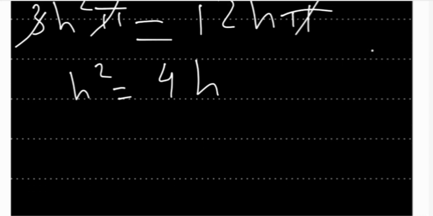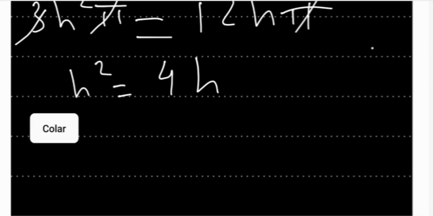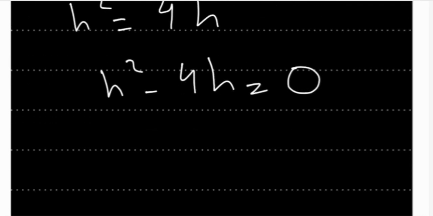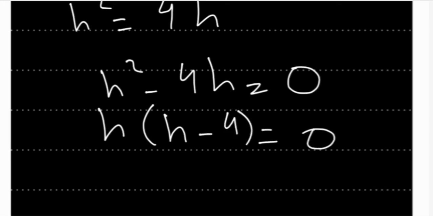Now look, let's just join them together here. h² minus 4h must be equal to 0. So h(h - 4) is equal to 0. Why did I do this? Look, h multiplied by h is h² minus 4h. So there is no problem in doing this, okay?